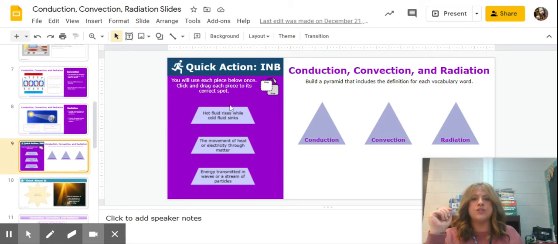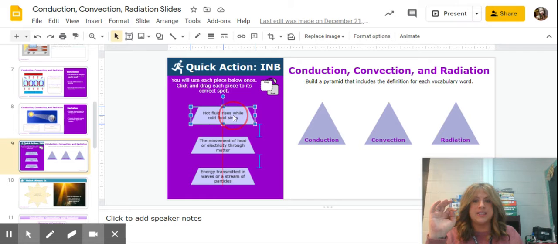This one, it says you will use each piece below once. Click and drag each piece to its correct spot. Build a pyramid that includes the definition for each vocab word. So you're going to take this, click it, and drag it. It says hot fluid rises while cold fluid sinks.